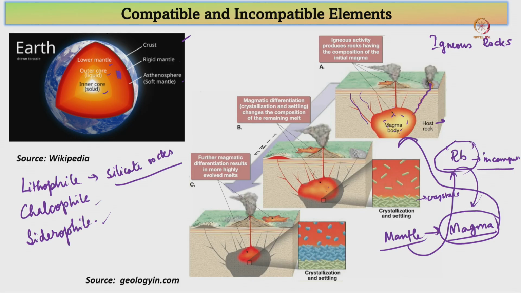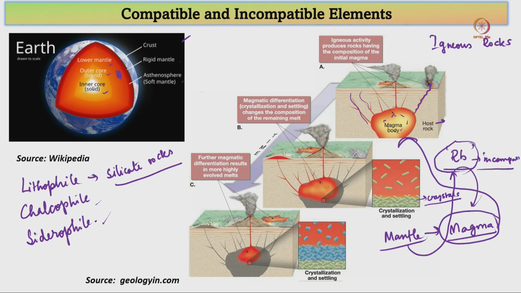And now this magma is separated from the mantle and has been emplaced in the earth's lower crust from where it is erupting. And as it is erupting, it has also started to crystallize. Now, these silicate minerals which are getting crystallized will have a high rubidium concentration.